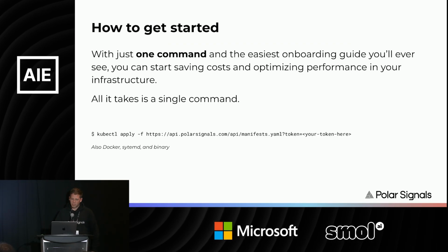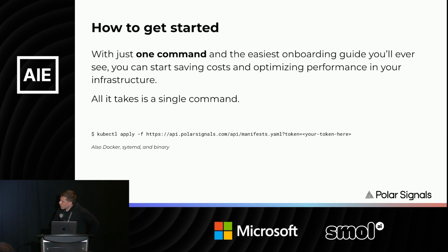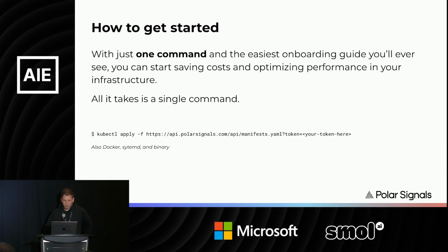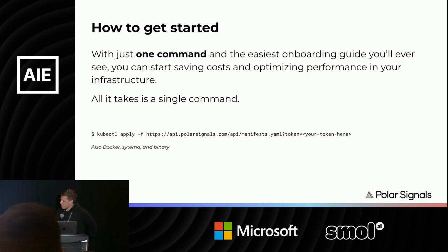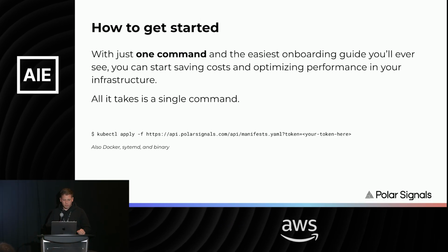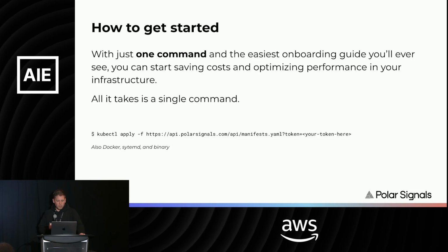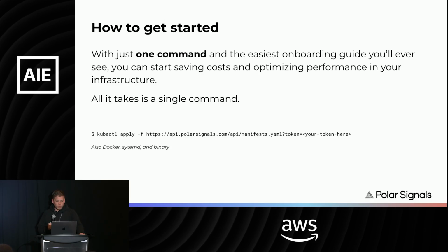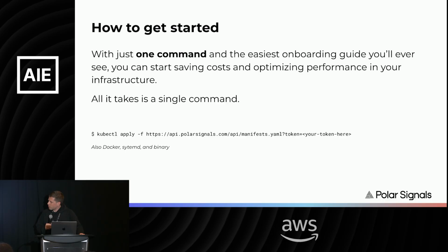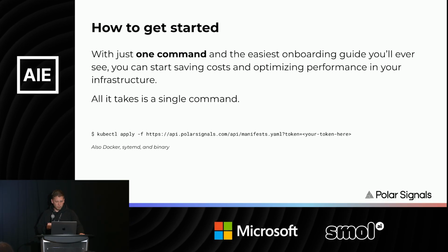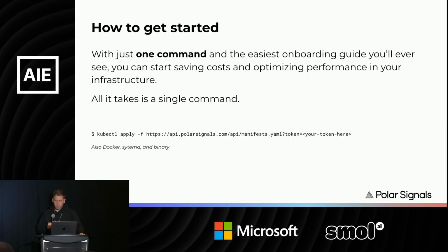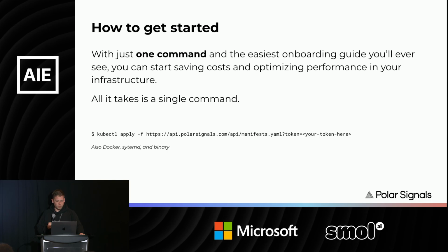Yeah, great question. How do you get started? Because we run on Linux using eBPF, you have a binary that you can run using systemd, or Docker works as well. But we also have a daemon set for Kubernetes, and you deploy that. You get the manifest YAML and give it a token.